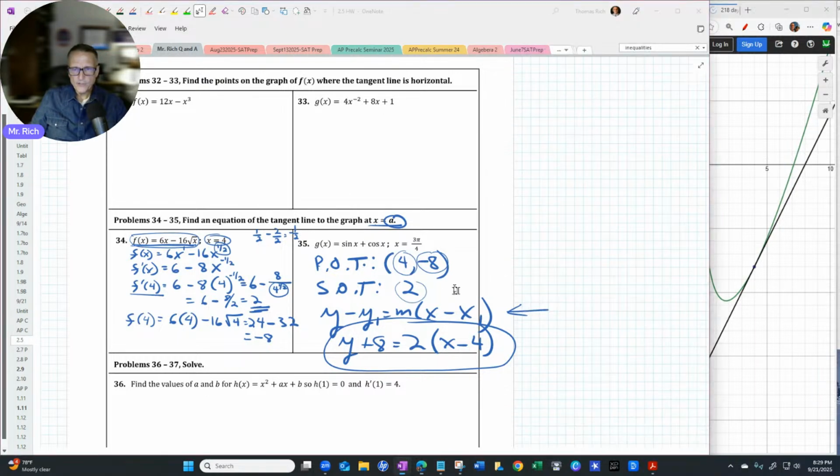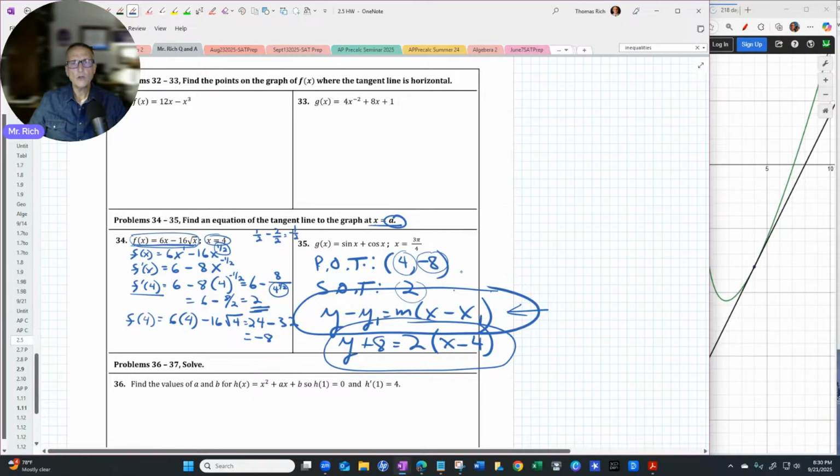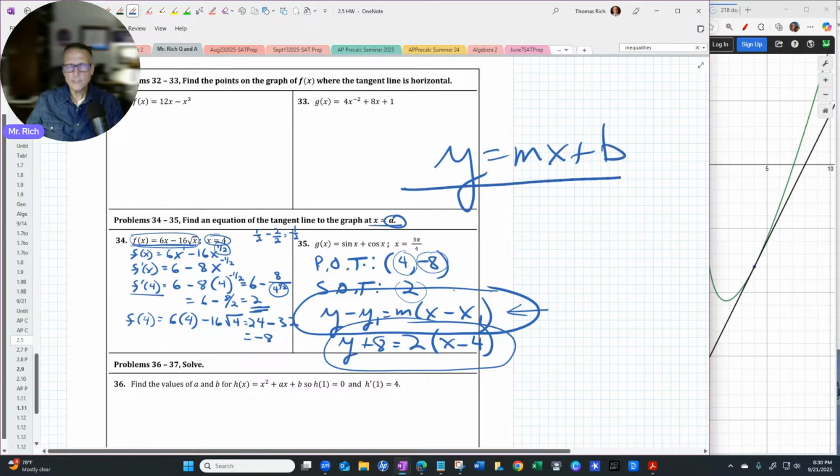You're using as your template what we called back in Algebra 1 the point-slope form. I always tell my students, when you were studying Algebra 1 and Algebra 2, your teacher told you that y equals mx plus b was generally considered the best form of a linear function. Yes, it is good to have a linear function in that form because it automatically tells you the slope and where it crosses the y-axis, at whatever that b value happens to be.